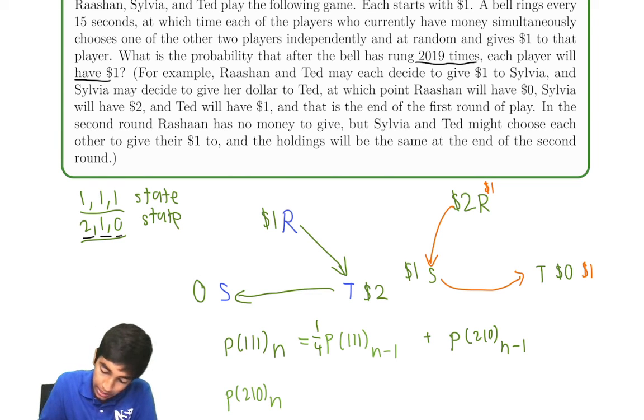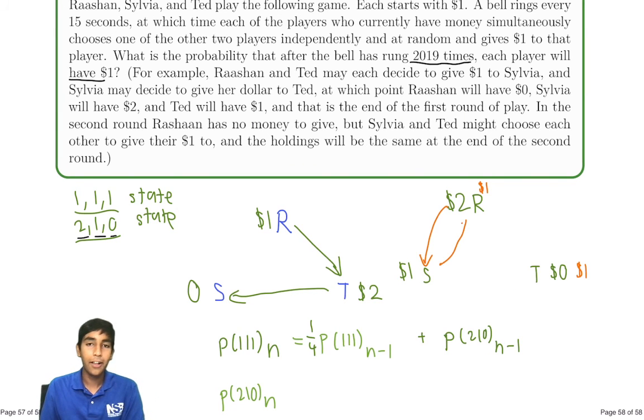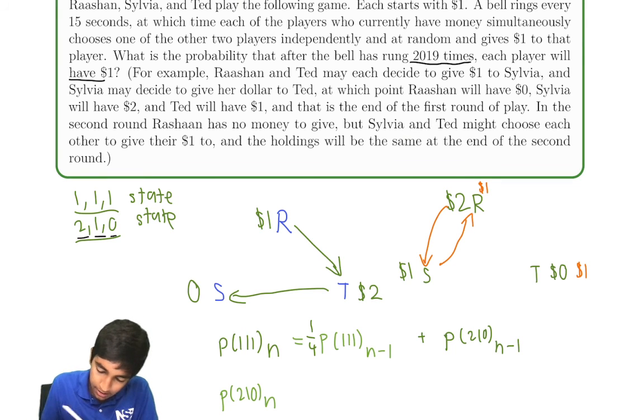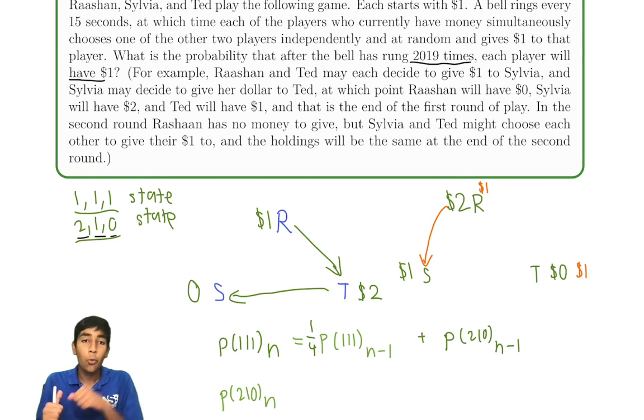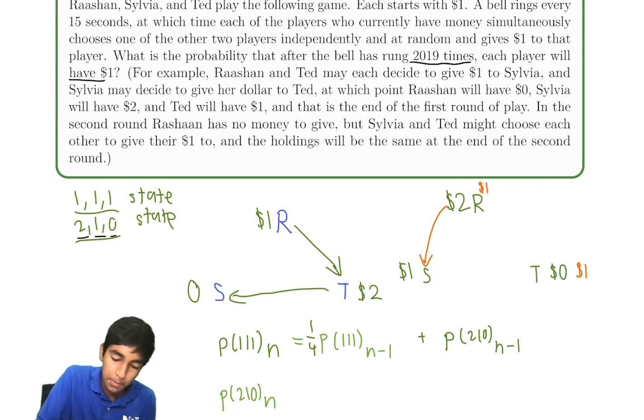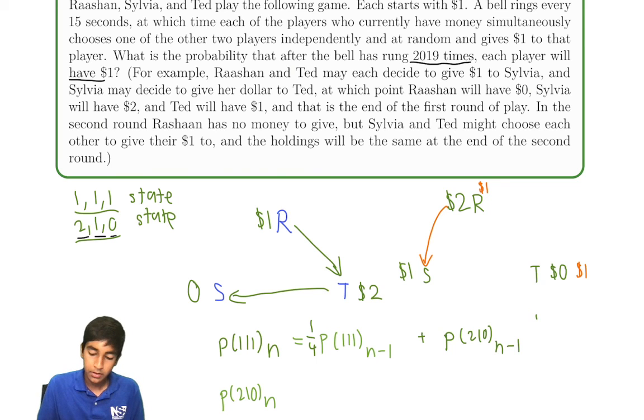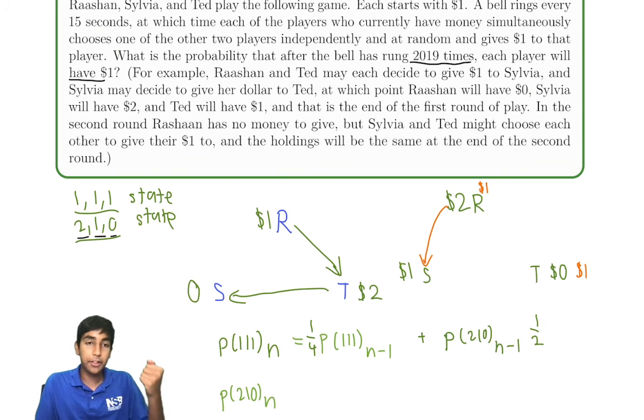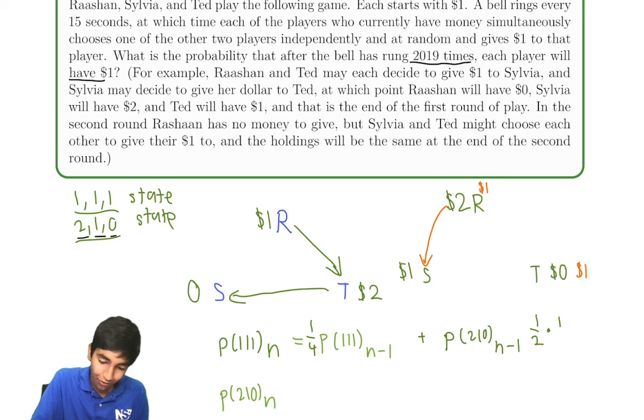But Sylvia could also then make Rashawn rich again and give him another $1. So for it to work, as we saw by our cases, Rashawn can't give to Ted, Rashawn must give to Sylvia, and Sylvia must give to Ted. There's a half probability Rashawn gives to Sylvia, and there's a half probability Sylvia will give to Ted, and not to Rashawn again. Times half, again, 1/4, wow.